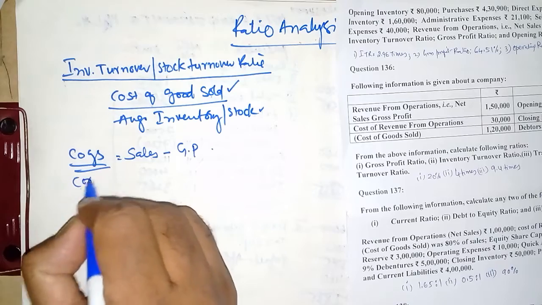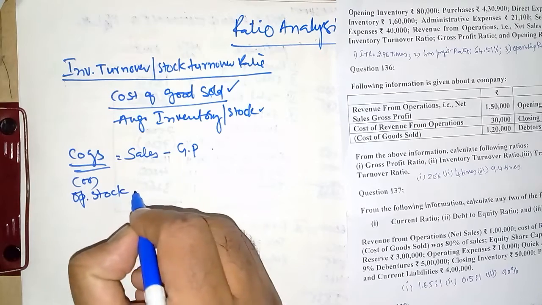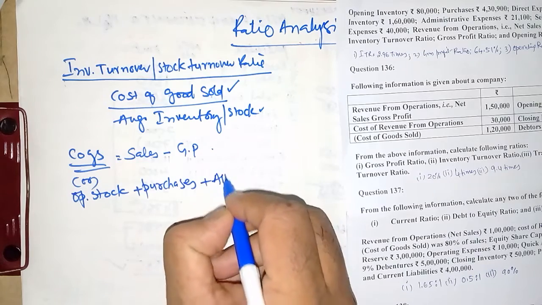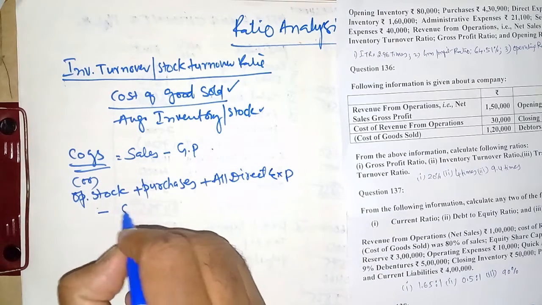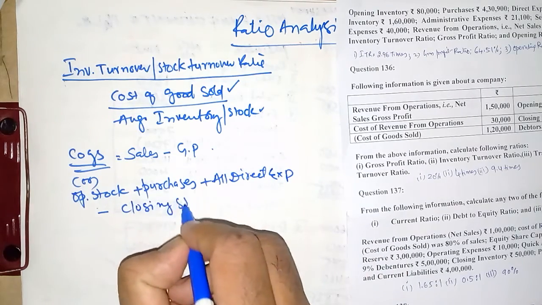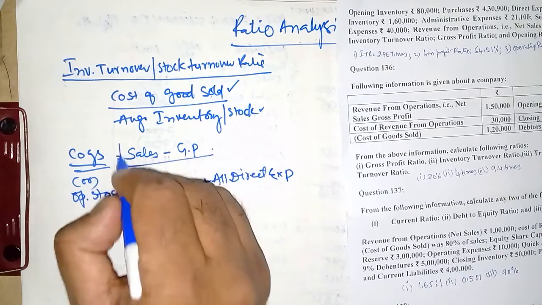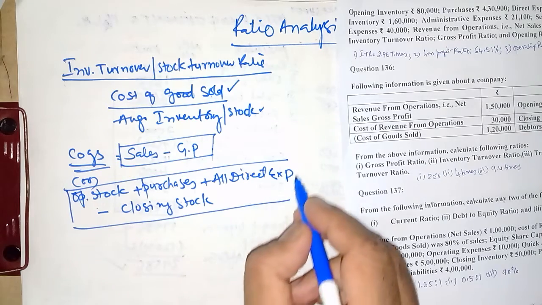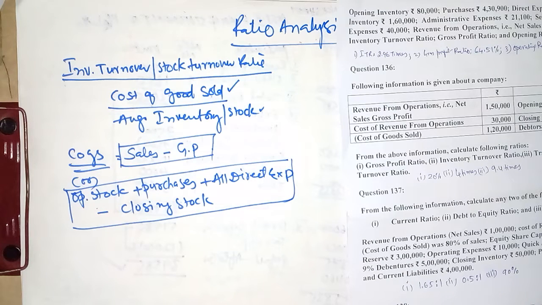The other formula is opening stock plus purchases plus all direct expenses minus closing stock. Then the question arises, which formula is to be used? That is based on the information provided in the question.